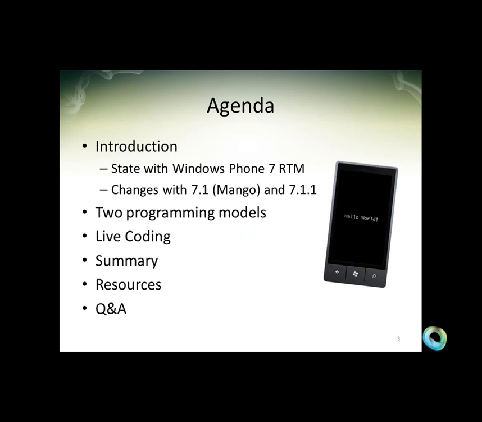We will see that we have two programming models to access the camera on the phone, and we will have, of course, one of the live coding sessions. I know you people all like those live coding sessions most, so I will keep the time on the slides short. And then in the end we will quickly sum up what we have seen today and also take a look at additional resources you can take a look at.